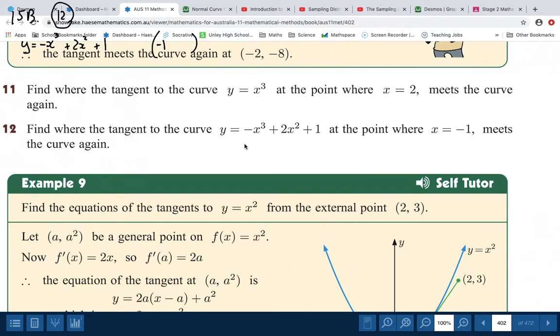What that would mean is you could come up with an equation for this tangent, and if you put x equals minus 1 into the curve equation and also into the tangent equation, you'd have the same y value because they're at the same point, right?